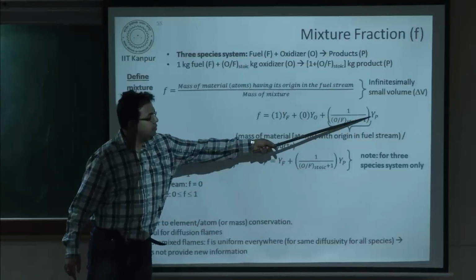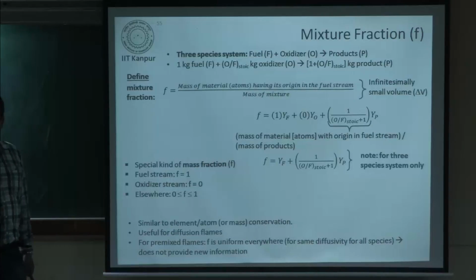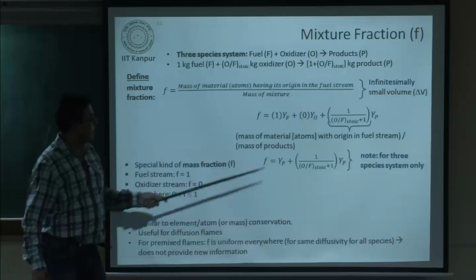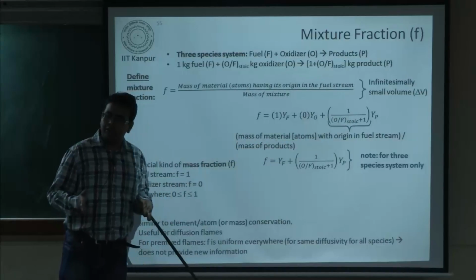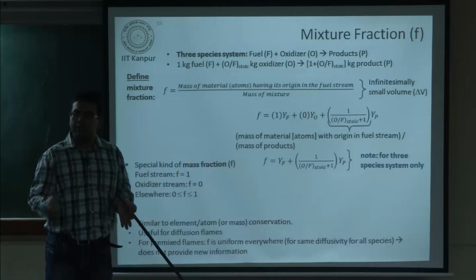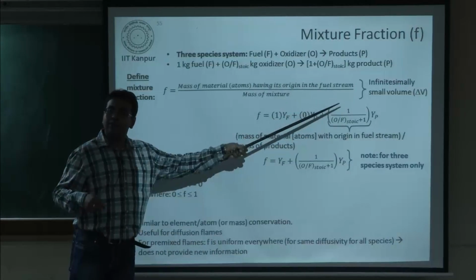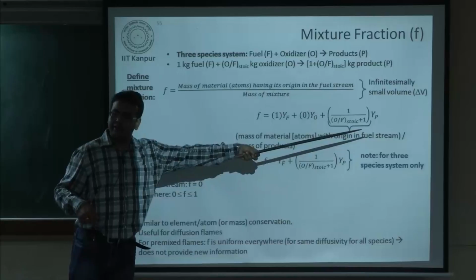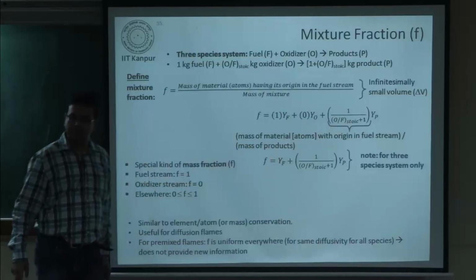What is this? This Yp is the mass fraction of the product, okay. How has the product formed? There is a chemical reaction, fuel plus oxidizer goes to product, right. So we ask what amount of fuel was present that caused that product. You can calculate that and you will be able to get this expression, okay.